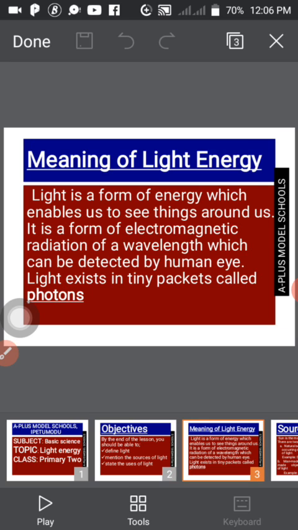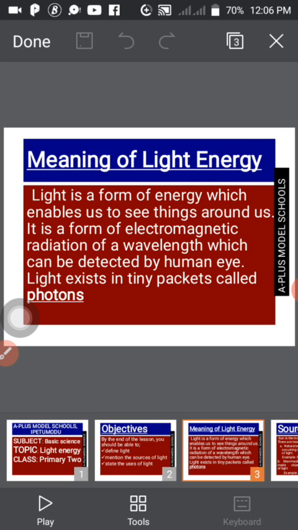It is a form of electromagnetic radiation of a wavelength which can be detected by human eyes. It is with the help of eyes that we can detect light. A blind person cannot see light.